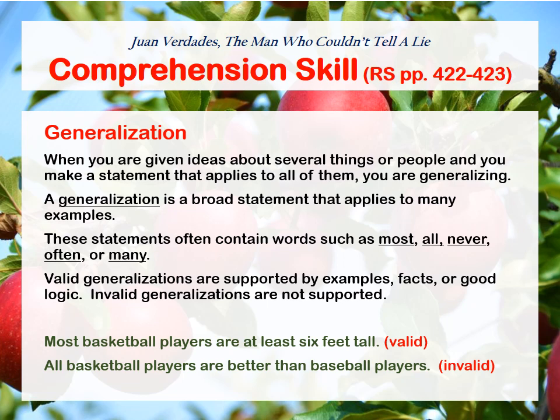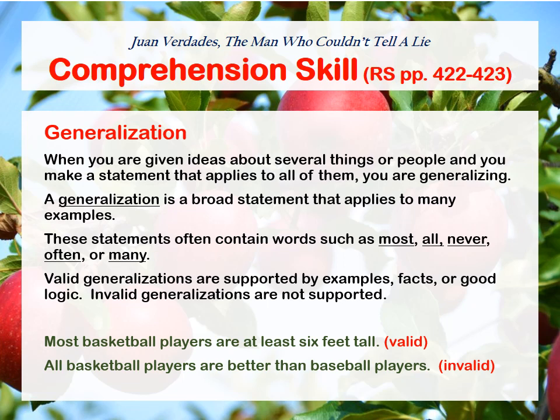These statements often contain words such as most, all, never, often, or many. Valid generalizations are supported by examples. Facts are good logic. Invalid generalizations are not supported. Examples: most basketball players are at least 6 feet tall. It is valid.